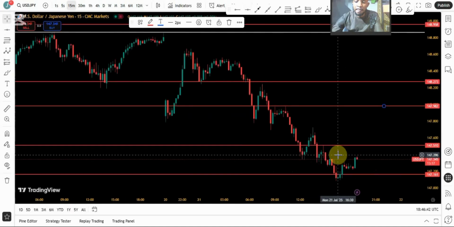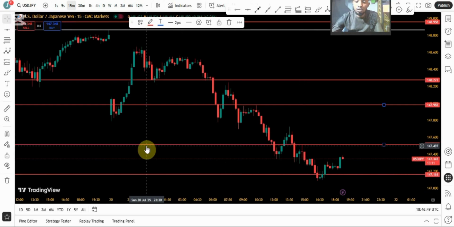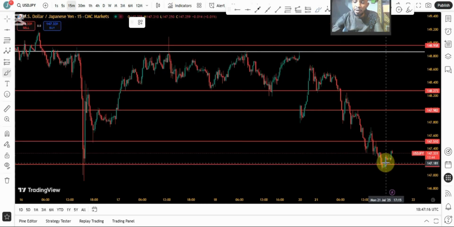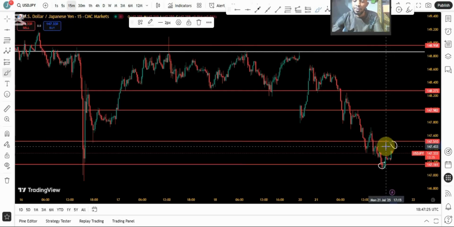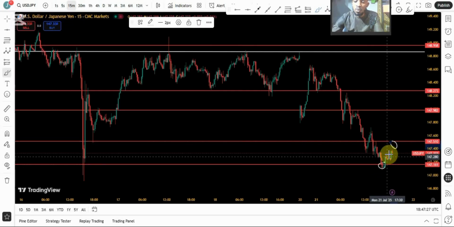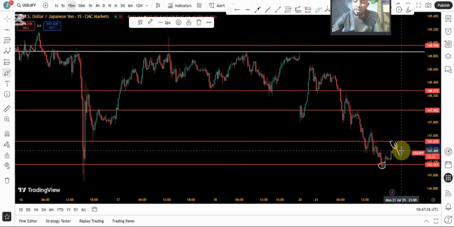Now from this support and resistance line, I can predict what is going on in the market. This level becomes my support level, and this level becomes my resistance level, which is the roof. Whenever the market comes up to this level, I should be expecting to see a sell.